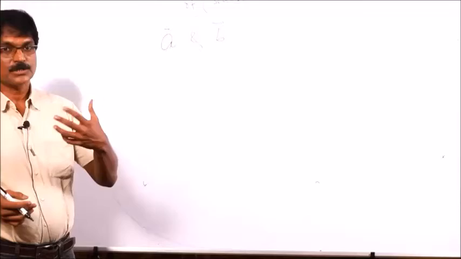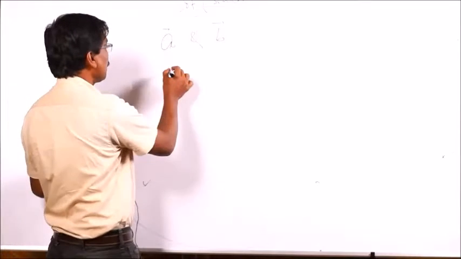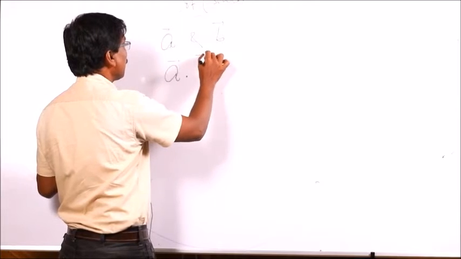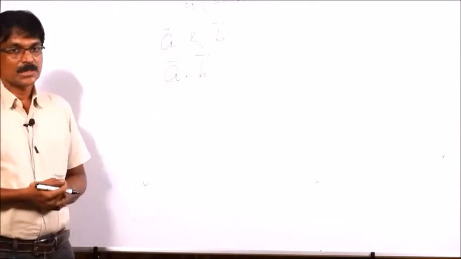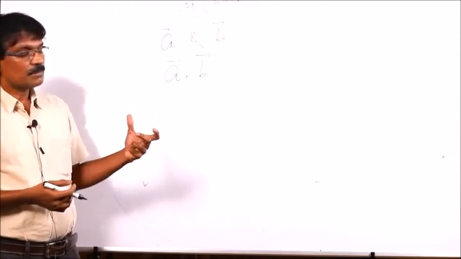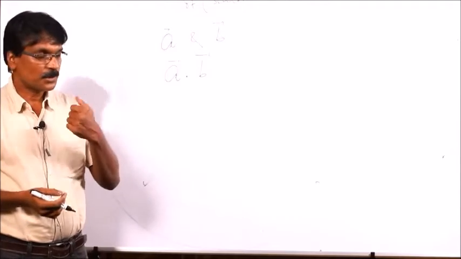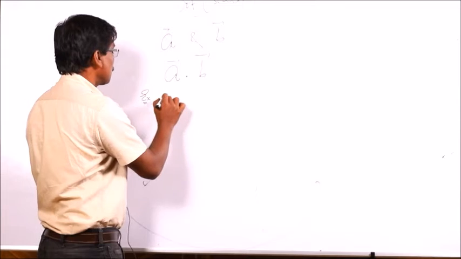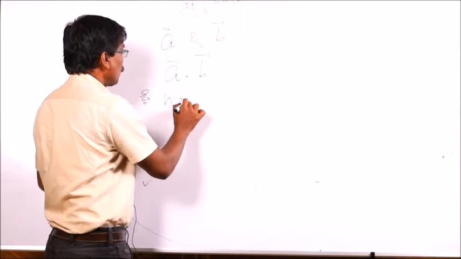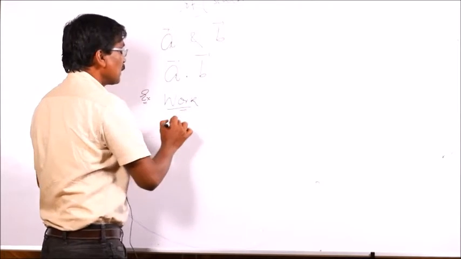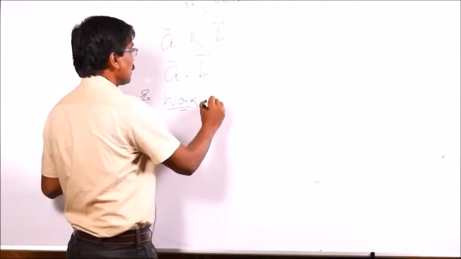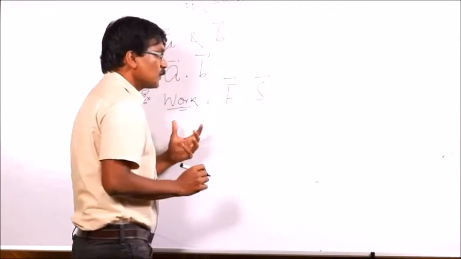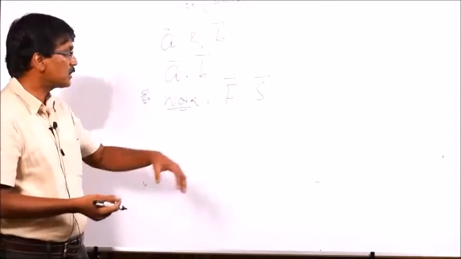Now the product of these two vectors A and B, in scalar product, is defined to be A dot B. One example of a dot product or scalar product is work. Work is a scalar quantity which is nothing but force dot displacement, F dot S. So this is a scalar product.